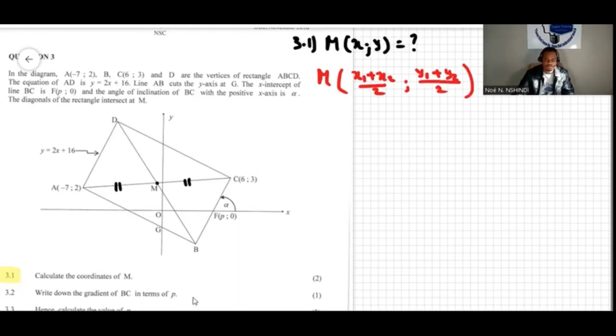So M will be equal to (-7 plus 6) over 2, and then (2 plus 3) over 2, which means that the midpoint M will be equal to (-1/2, 5/2). That's the midpoint.